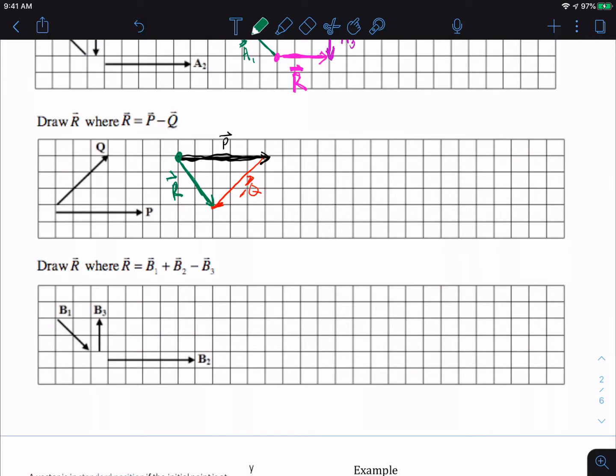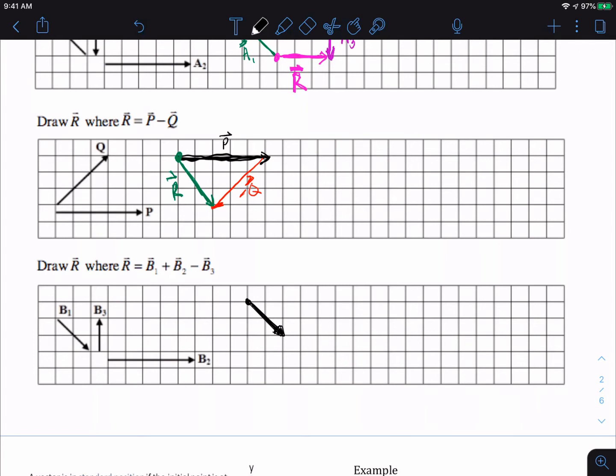Okay, so check this out. So let me do it for you. So I'm going to start with my first vector, and that's going to be B1. So there is my tail, right?